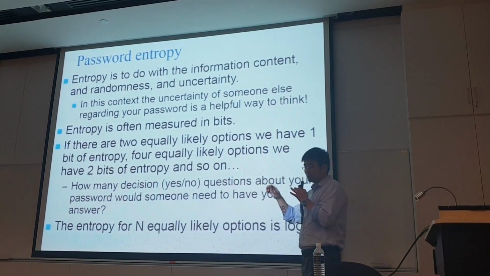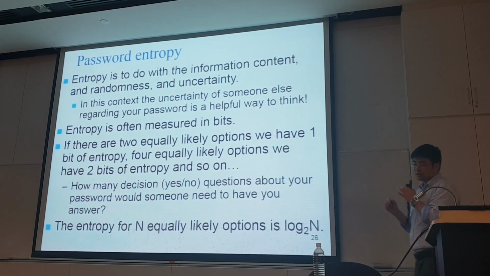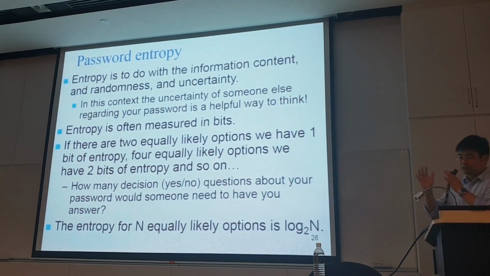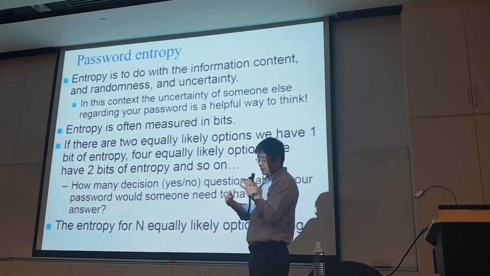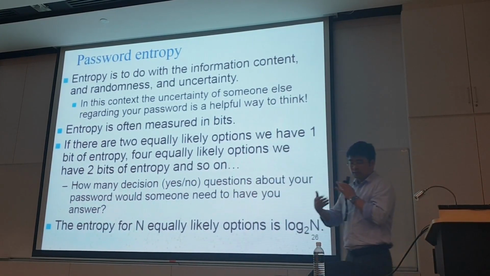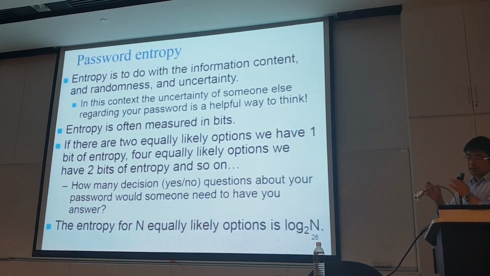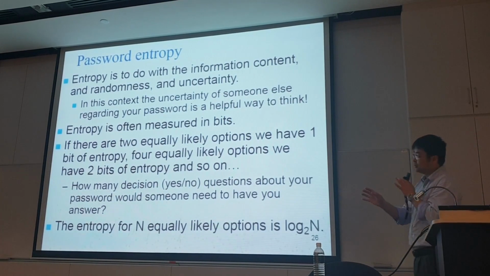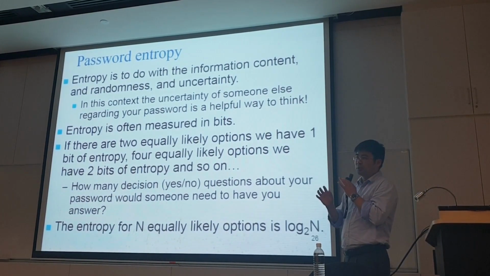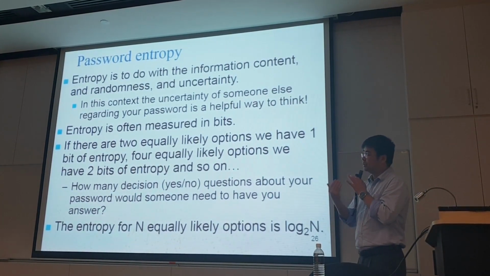This is not a good way to pick a password because the fixed part does not carry a lot of entropy. In particular, if this fixed part is known by people, then it carries no entropy because there is no uncertainty inside this fixed string, right?